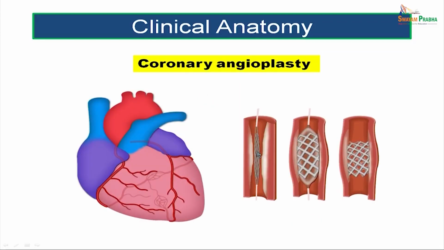Once a person complains of insufficiency of blood flow to the heart with angina pectoris, and you do a coronary angiogram and diagnose a block in a certain region, if it is present in one or two arteries, then you can release this block by scraping the atheromatous plaque or the clot, by introducing an inflatable balloon into this region, dilating this so that it will transmit the blood in a better way after the procedure, and you can leave behind a stent to maintain the lumen.